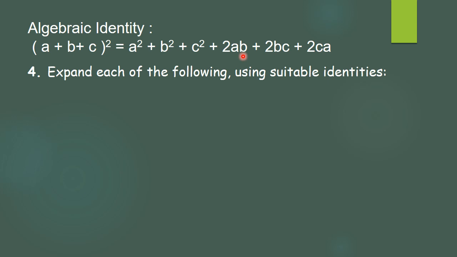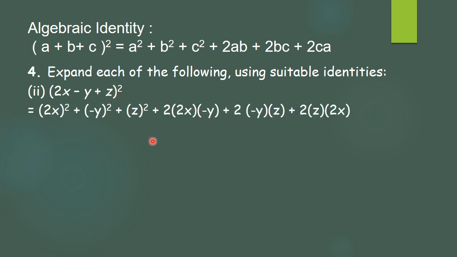Now first, expand each of the following using suitable identities. In this case, first, what is the given? (2x - y + z) the whole square. Here our all signs were positive, but here one sign we get as negative. So we will write it as 2x plus of minus y. So a will be considered as 2x, b will be considered as minus y, and c will be considered as z.